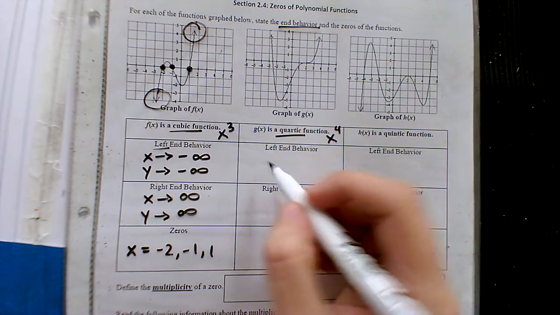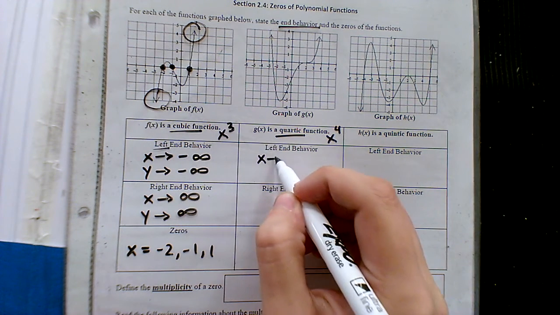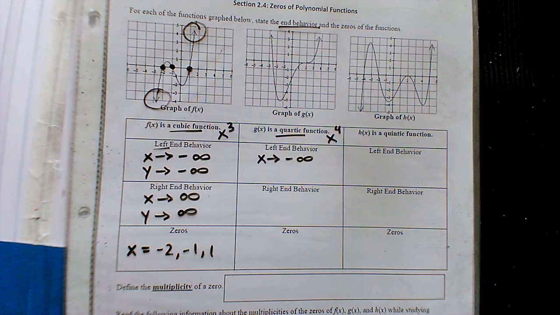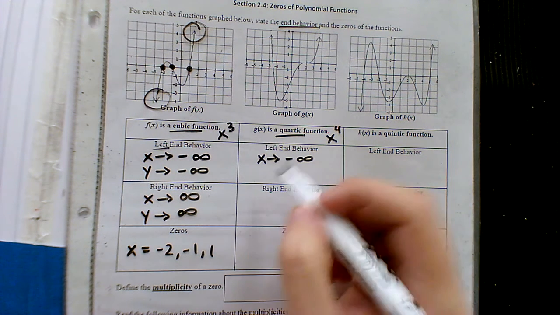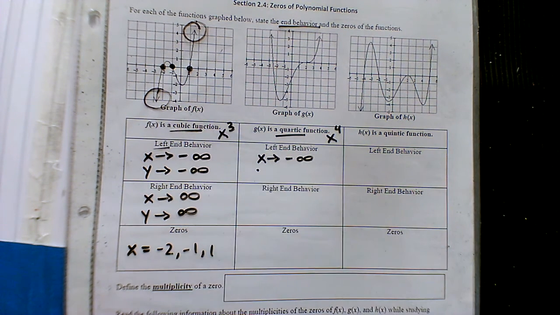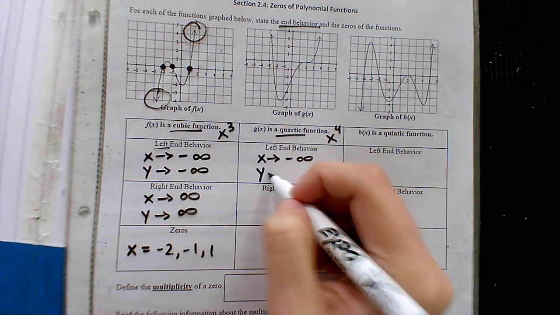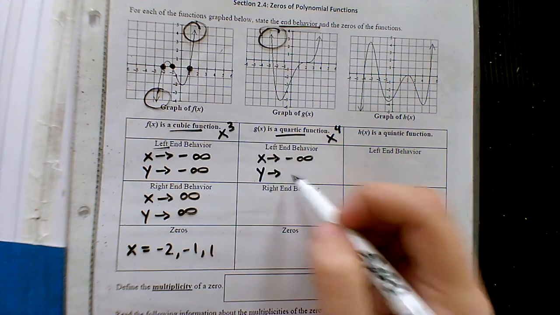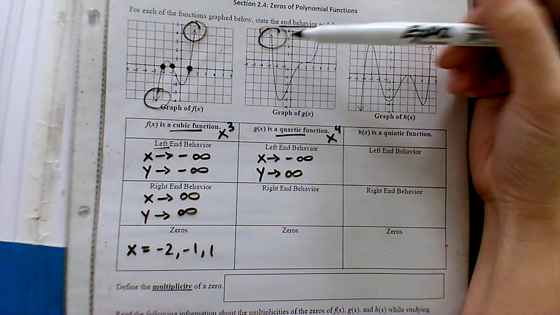Let's look at the left end behavior. So if we're going to the left, the x's are getting increasingly negative. Approaches negative infinity. Good. And based off of this graph, what are the y's approaching? Positive infinity. The left-hand side is going up.